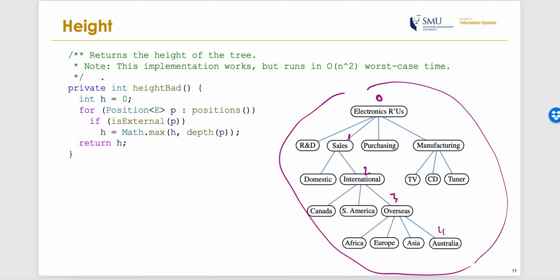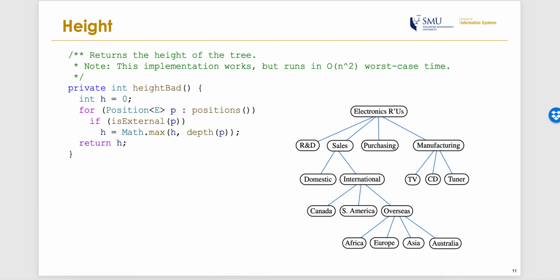Okay, so how do we tell that height based on the tree? This is just a direct implementation, not recursion. The definition given is that we want to find the maximum depth in the tree.